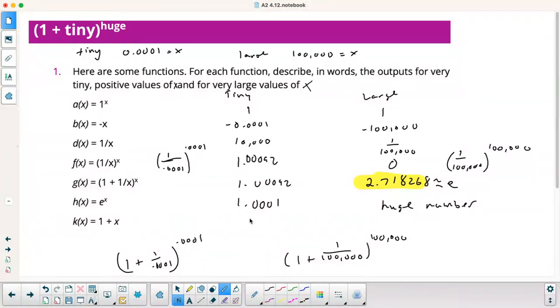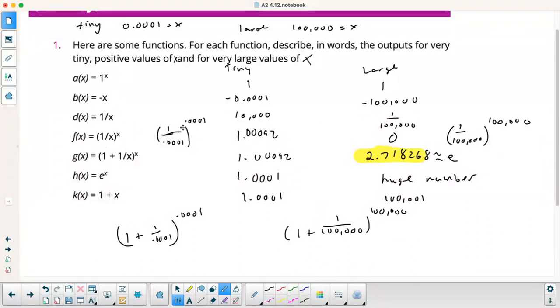All right, 1 plus x, that's 1.0001. And this is 101,000. Okay, so just a little bit of work plugging things in. The big one here is this formula, and it says x keeps getting bigger and bigger and bigger. We want that, gives me the E value.